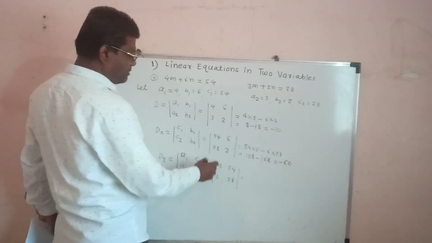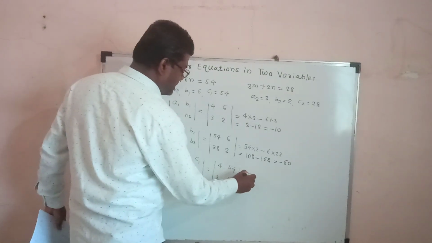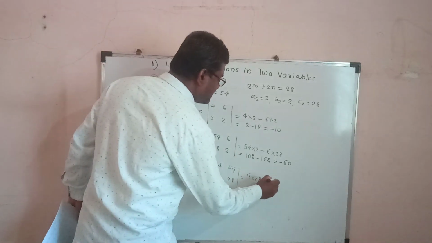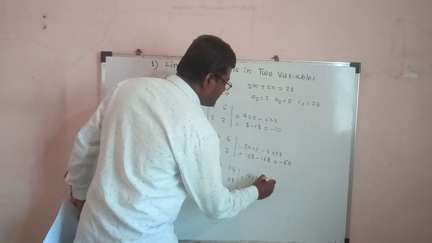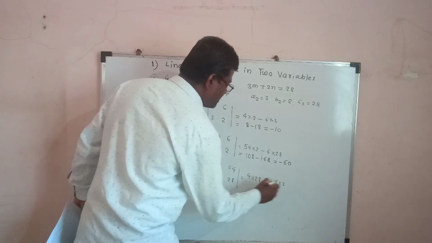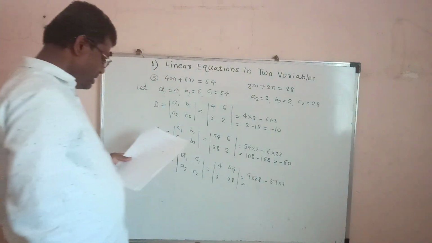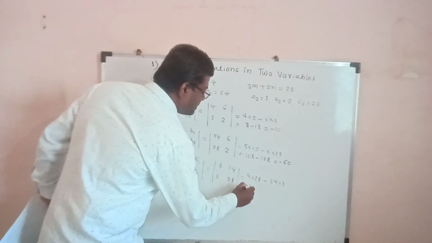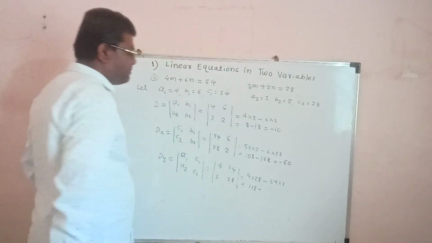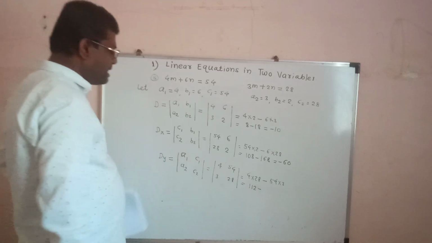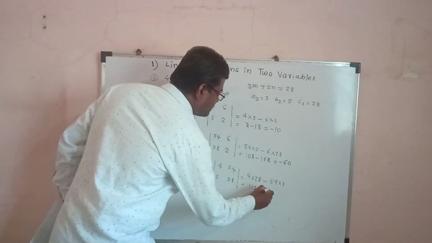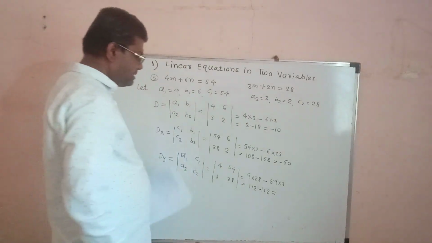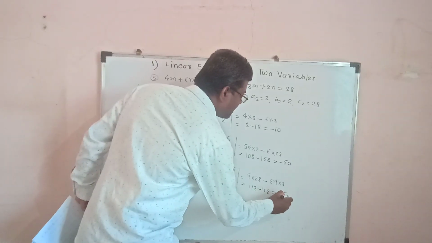Now cross multiplication: 4 into 28 minus 54 into 3. 4 into 28, its value will be 112, and 54 into 3, its value will be 162. So 112 minus 162, that will be minus 50 here.